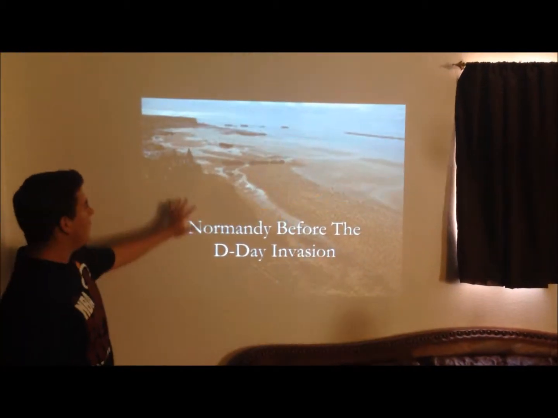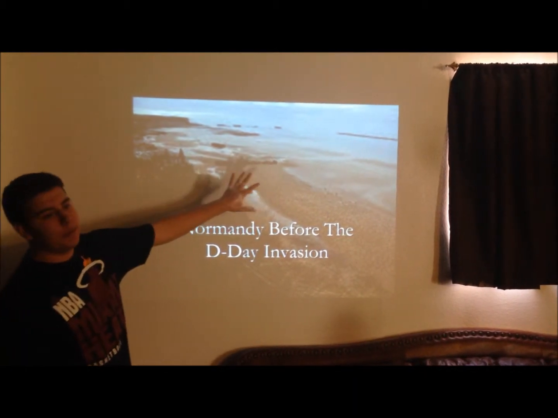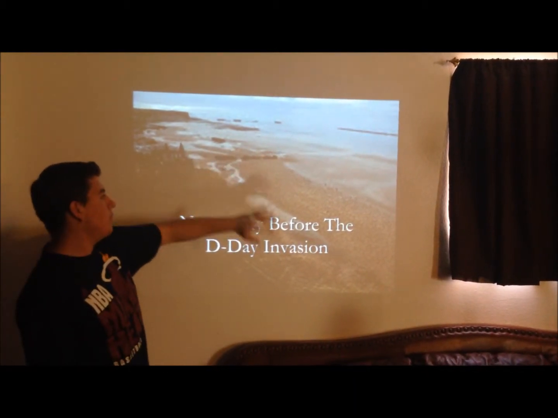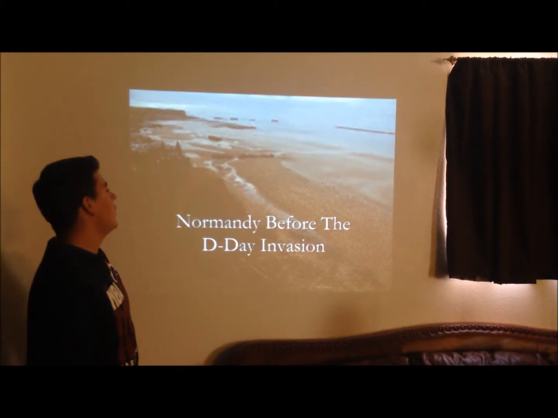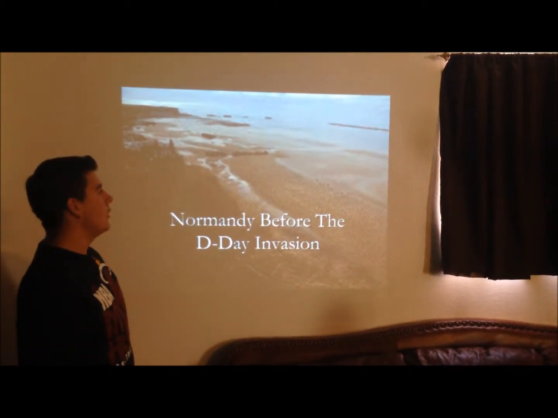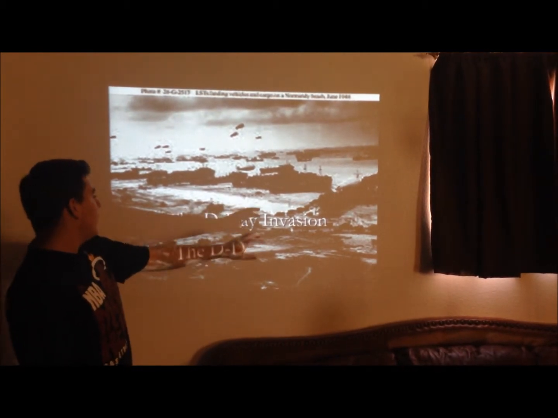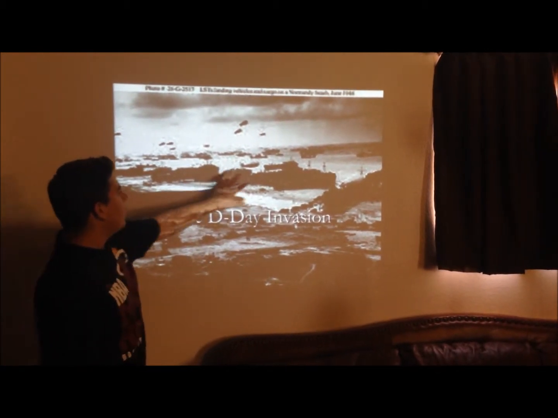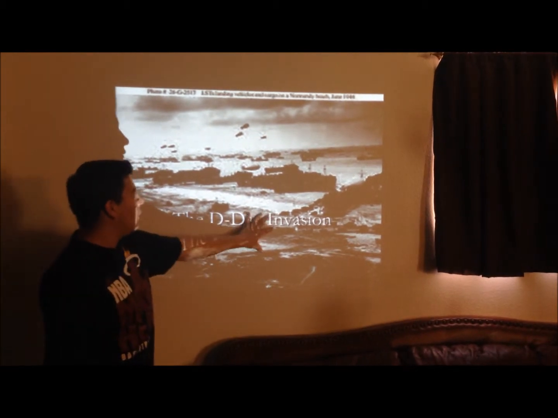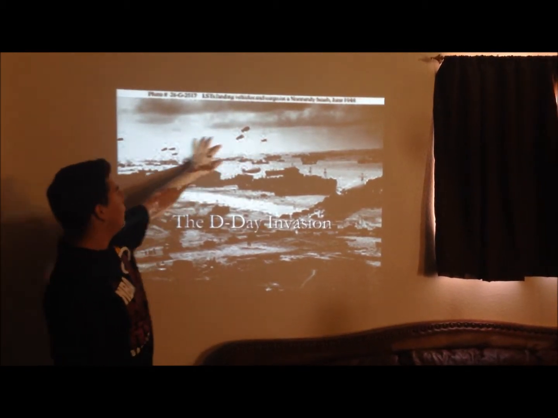So this is basically how Normandy looked before the invasion happened. And now this is the invasion. See the difference? There's barricades everywhere. There's all these ships. There's dead bodies laying on the floor. And of course, there's always the planes flying over.